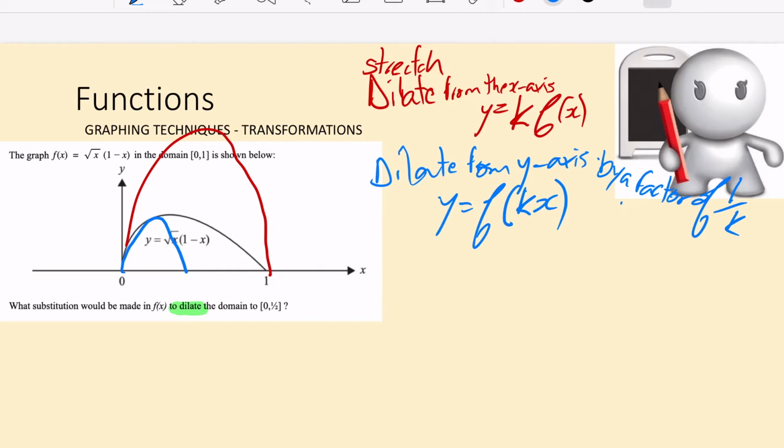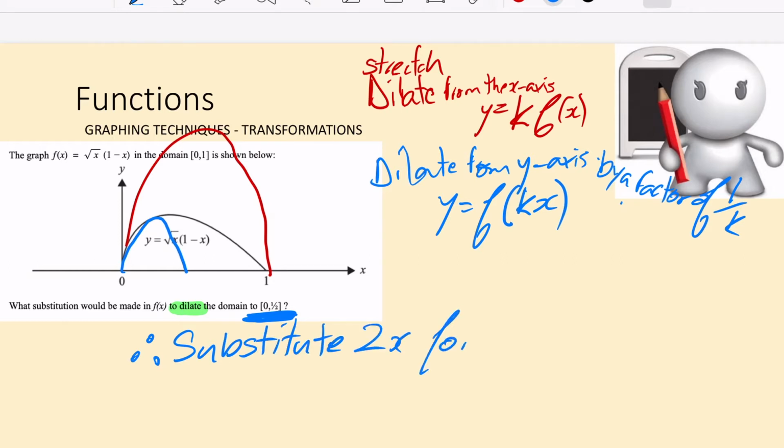So what substitutions would need to be made? Well, here the domain is getting halved. So therefore substitute 2x for x. Okay, and that would be a perfect answer.